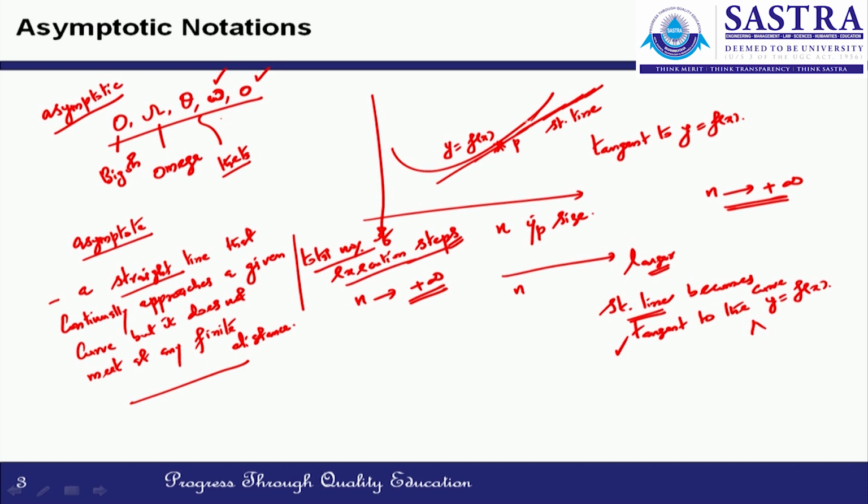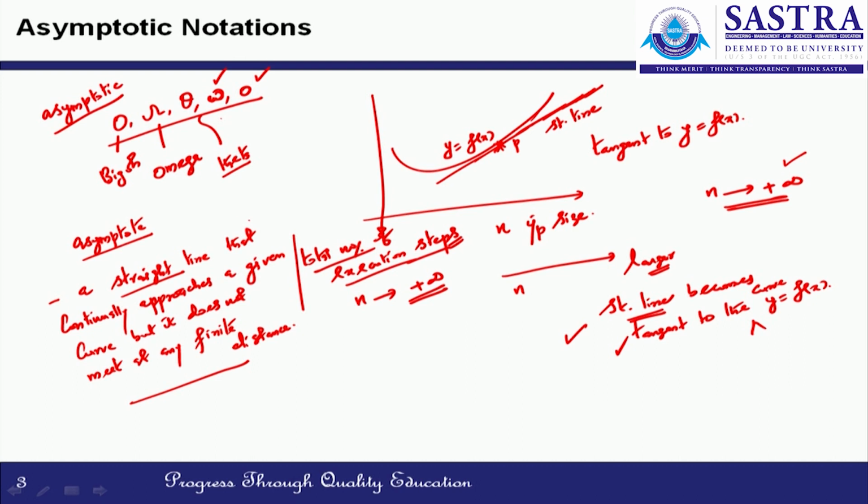Since we are discussing larger inputs, we can say the straight line becomes the tangent to the curve only at infinity. That means when the input size n becomes infinity, the straight line becomes the tangent to the curve y is equal to f of x. That is actually the asymptote to the curve y is equal to f of x.